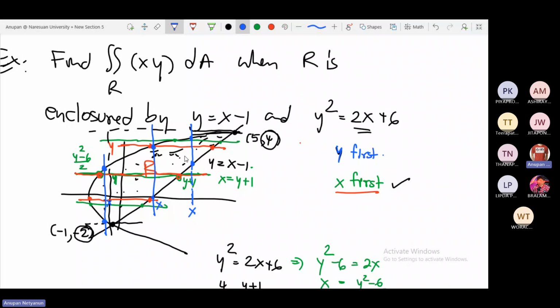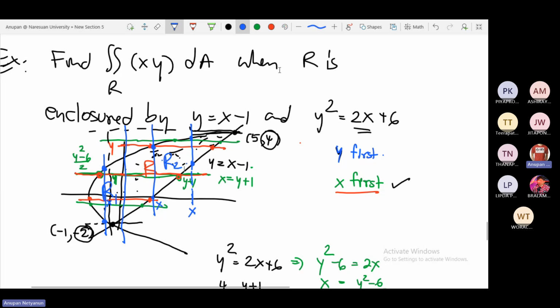That means you cannot do the integration all the way through the region at one time. If you still want to integrate with respect to y first, you need to separate this region into two pieces, R1 and R2, and then you can do the integration with respect to y. But it's more complicated than integrating with respect to x first.